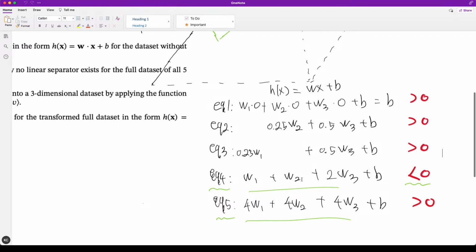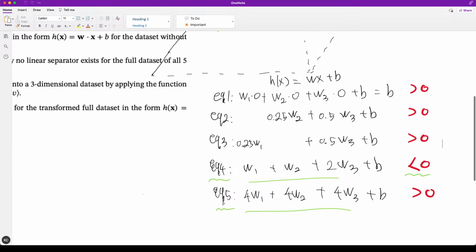At this point, we can pay attention to equation 4 and equation 5, because these two have larger coefficients than equations 1, 2, 3. Here 1, 1, 2, and here 4, 4, 4, here 0.25, 0.5, and here there is only B. These coefficients are larger than the others, but equation 4 is negative and equation 5 is positive.